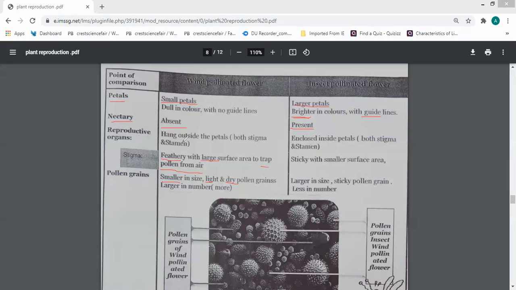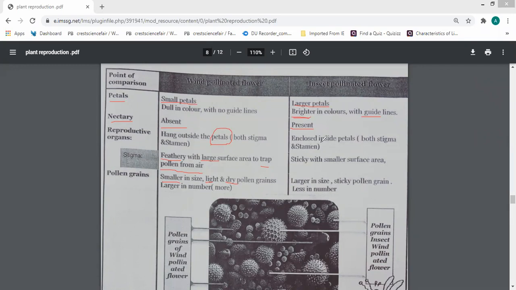And the petals: for the reproductive organs, the stigma and stamen must be hanging outside the petals to carry the pollen grains by air. In case of insects, both reproductive organs are inside the petals, not outside as in wind pollination.